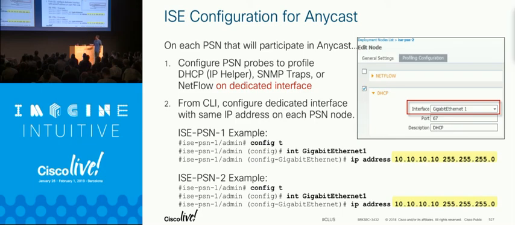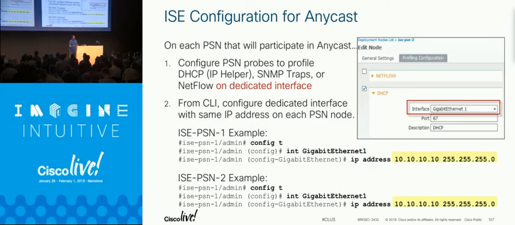Again, Anycast configuration is another way. If you don't have a load balancer, you can work with Anycast and it can give you some kind of load balancing. And that's how you configure it. Pretty much on the PSN, you're just putting the same IP addresses. And this cannot be a Gig 0 interface. Often people try to change this IP address on a Gig 0 interface and they run into problems because Gig 0 is the admin interface.